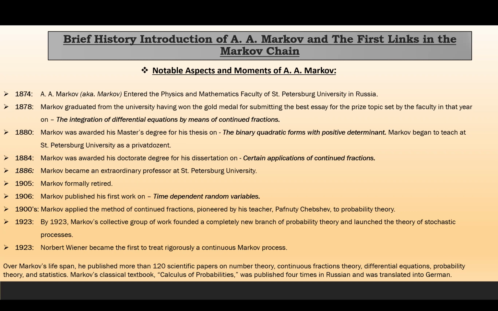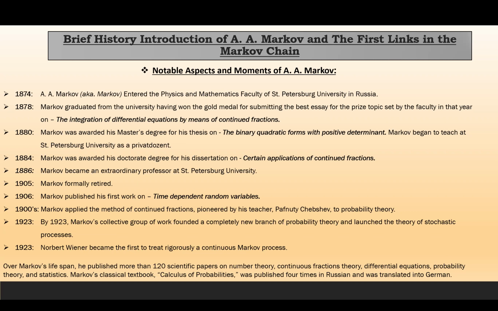Markov is particularly remembered for his study of Markov chains, which is a sequence of random variables in which the future variable is determined by the present variable, but is independent of the way in which the present state arose from its predecessors. This work founded a completely new branch of probability theory and launched the theory of stochastic processes.